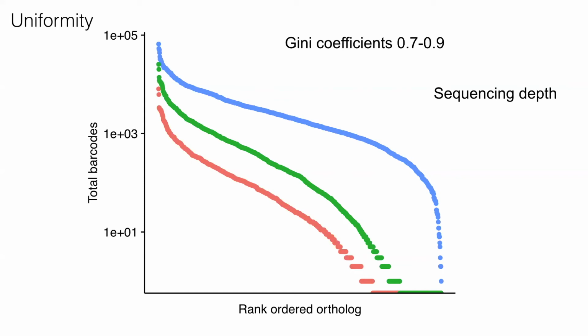That being said, the Gini coefficient is essentially a measure of inequality in a distribution, with perfect uniformity represented by 0 and perfect inequality, where everything is in one member, represented by 1. You can see we typically get Gini coefficients in the range of 0.7 to 0.9, which is not great. What this means is that you'll really have to think about the sequencing depth you require in order to pick up some of the lowly represented tail-end genes in the library.